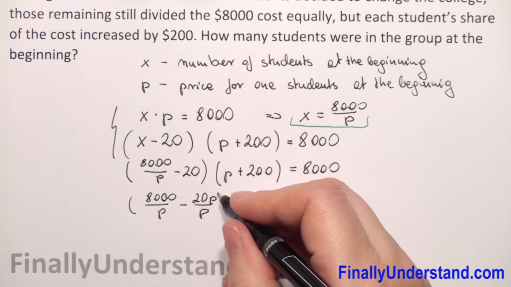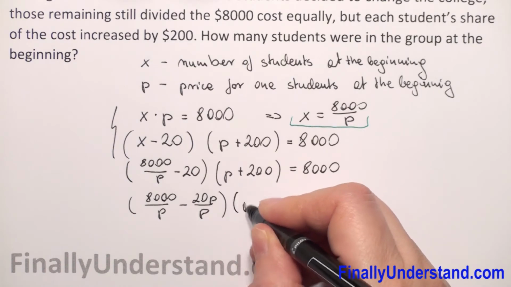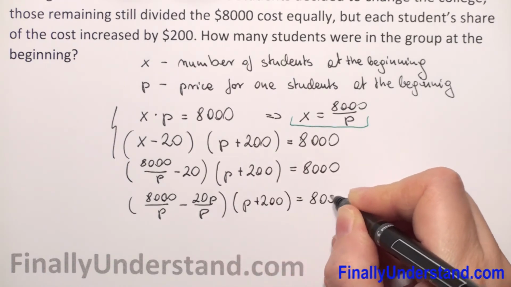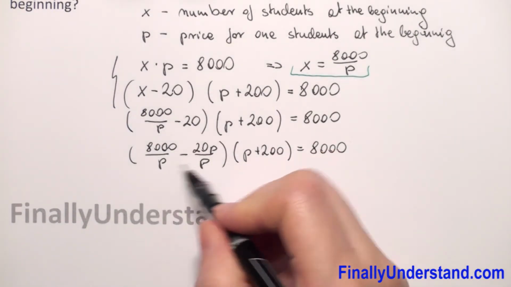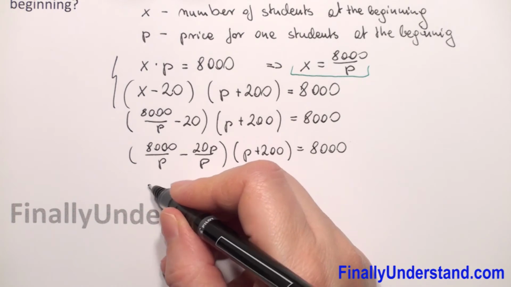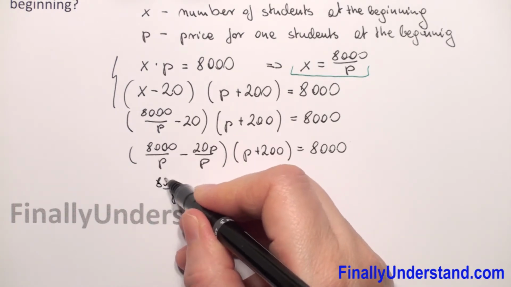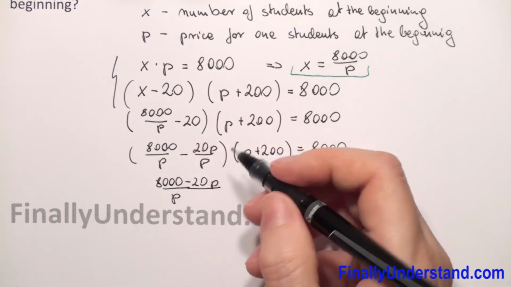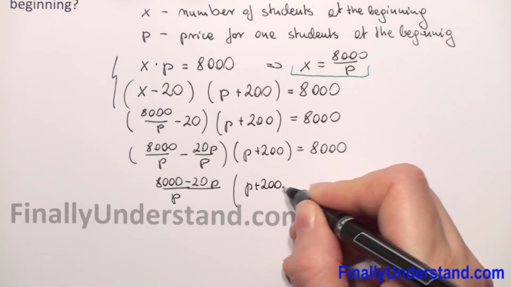I didn't change anything, but now we can subtract these two expressions, times P plus 200 we copy. This is equal to 8,000. Now we can subtract: the denominator we copy, and we have 8,000 minus 20P over P, times P plus 200.